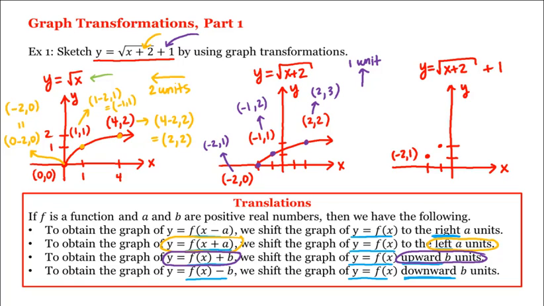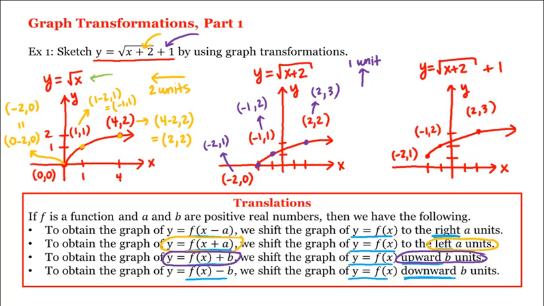So here is the point -1, 2. And finally, the point 2, 2 is moving to 2, 3. So here's the point 2, 3. So our graph will look like this. Notice that we're just rigidly moving to the left and then up.